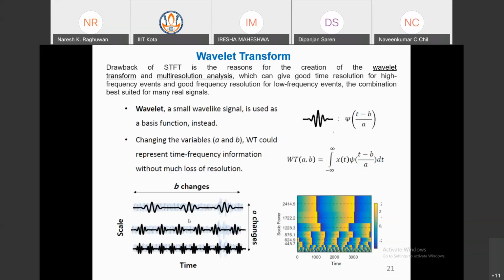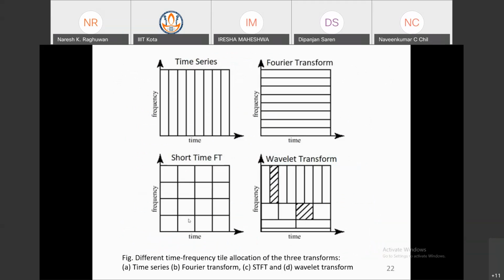Scale is inversely proportional to frequency: if the scale is higher, the frequency is low, and if the scale is low, the frequency is higher. So this graph shows scale versus time, and this graph shows frequency versus time. In the wavelet transform, on a single graph you can see different frequencies at a particular time, and analyze which are the higher and which the lower frequencies.